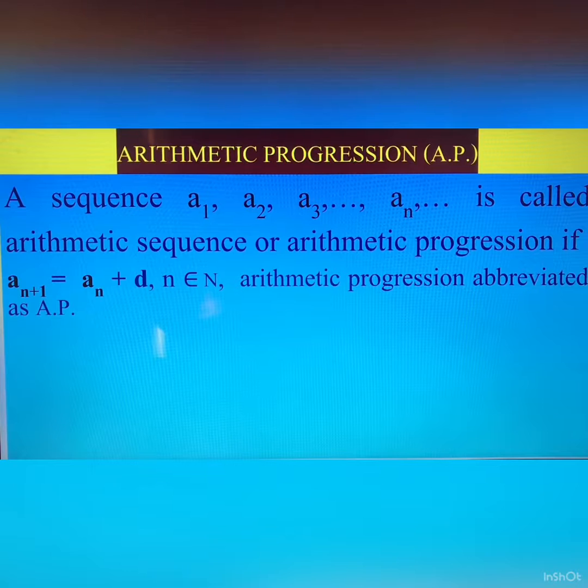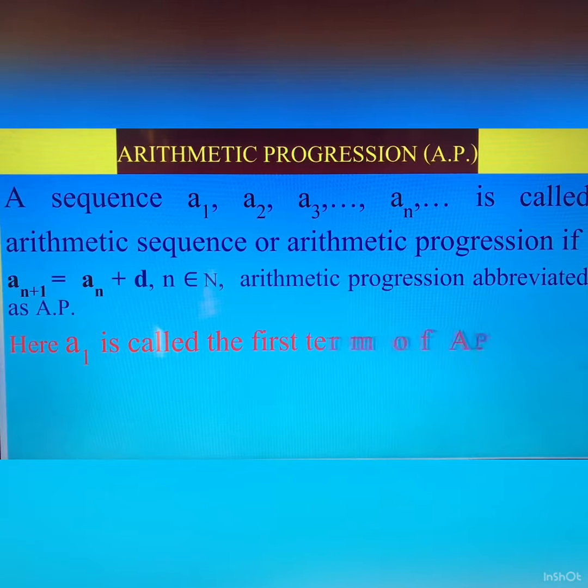Arithmetic progression is abbreviated as AP.